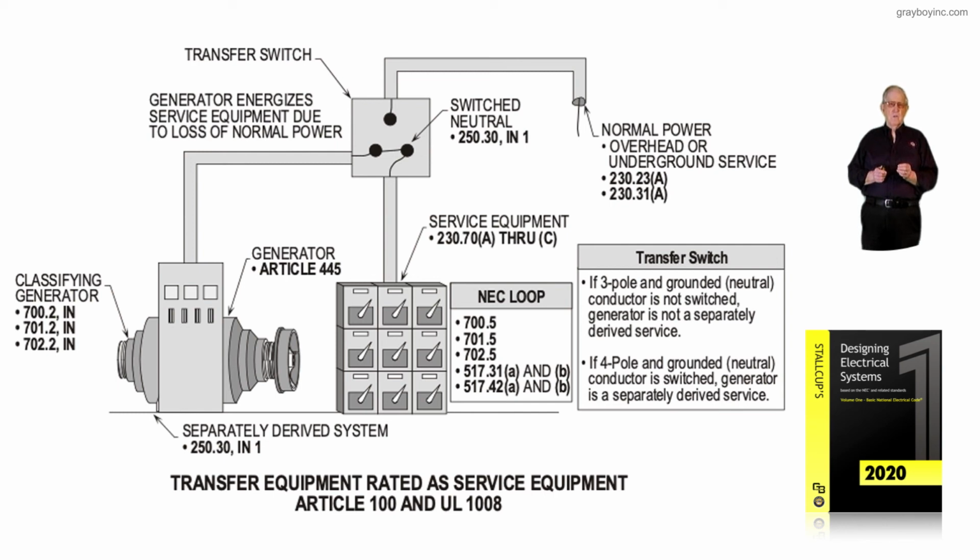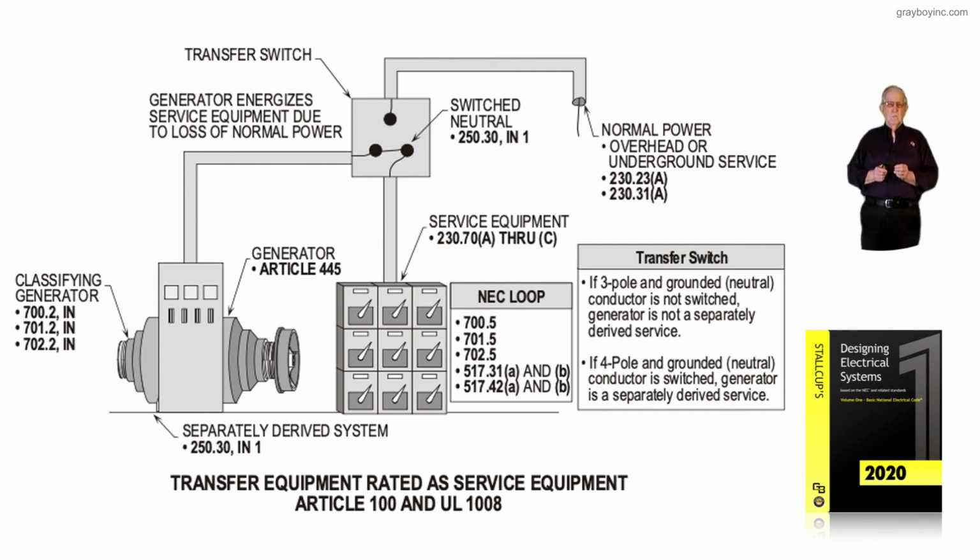rated as service equipment. You could also go on the UL website, just type in ul.org and call up the UL White Book for General Industrial, and you could also read about these transfer switches in that electronic version of the UL White Book.